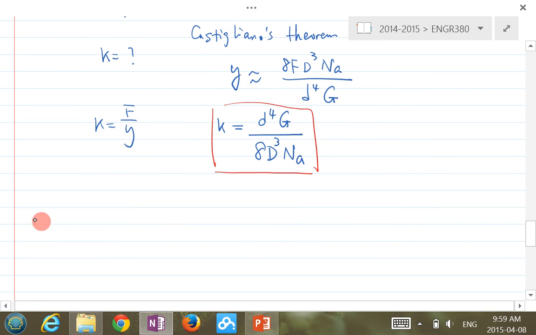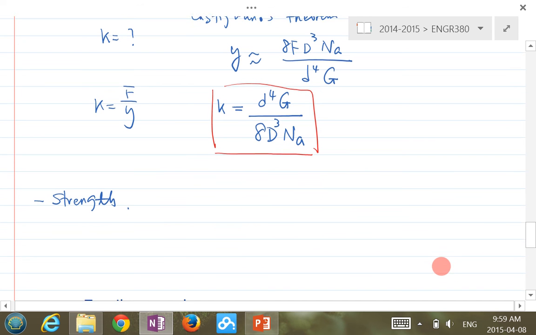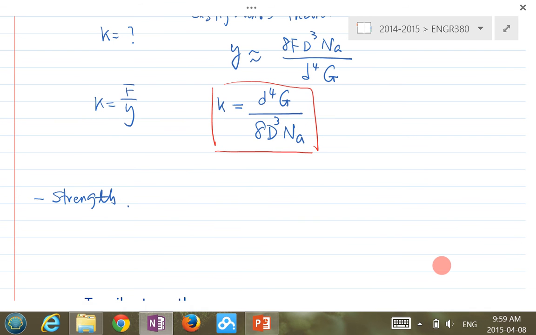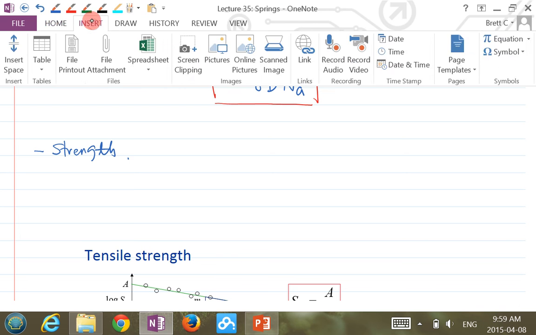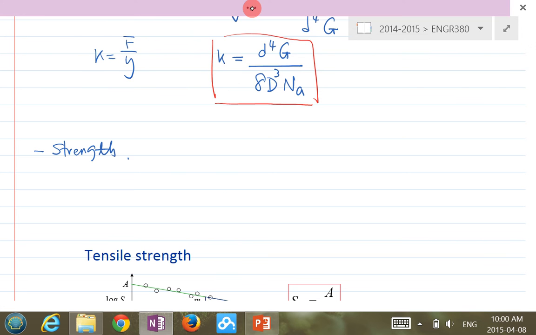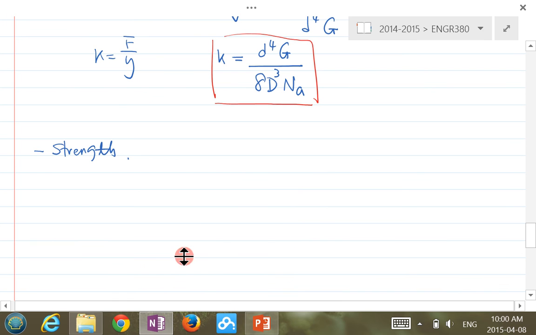Now let's look at the strengths. There are many different kinds of material that you can use for springs. If you look at table 10-3, this table gives many materials, for example music wire, which you use for guitars or violins.